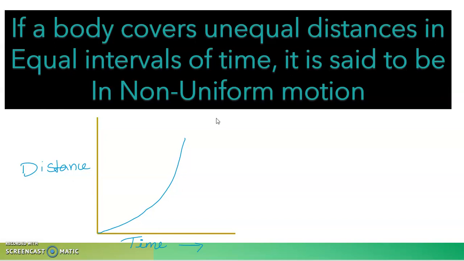So we had that time interval of 15 minutes as a comparison for objects A and B, and object A traveled equal distances in equal intervals of time. So object A is undergoing uniform motion, and object B traveled different, unequal distances in equal intervals of time. So object B undergoes non-uniform motion.